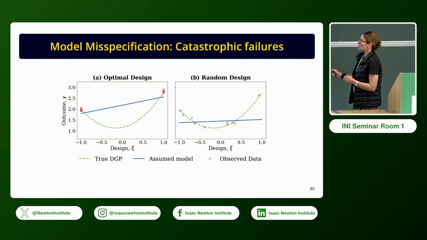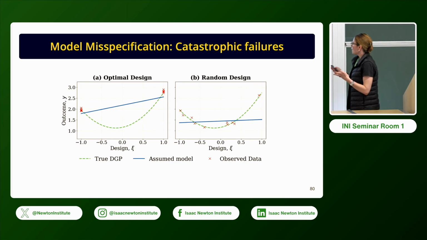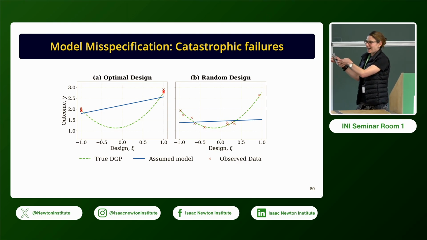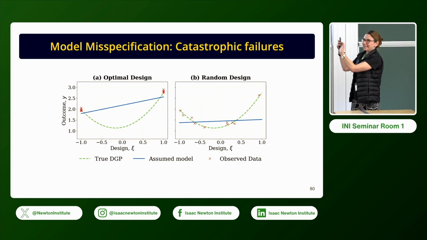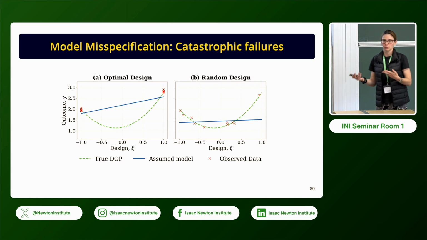If you were just doing random designs, sampling randomly from your design space between -1 and 1, you end up with a fit that looks like this, right? It's still not a good representation of the true data generating process, but it is much closer, and you can actually detect potentially that there is something wrong with your linearity assumption, okay?